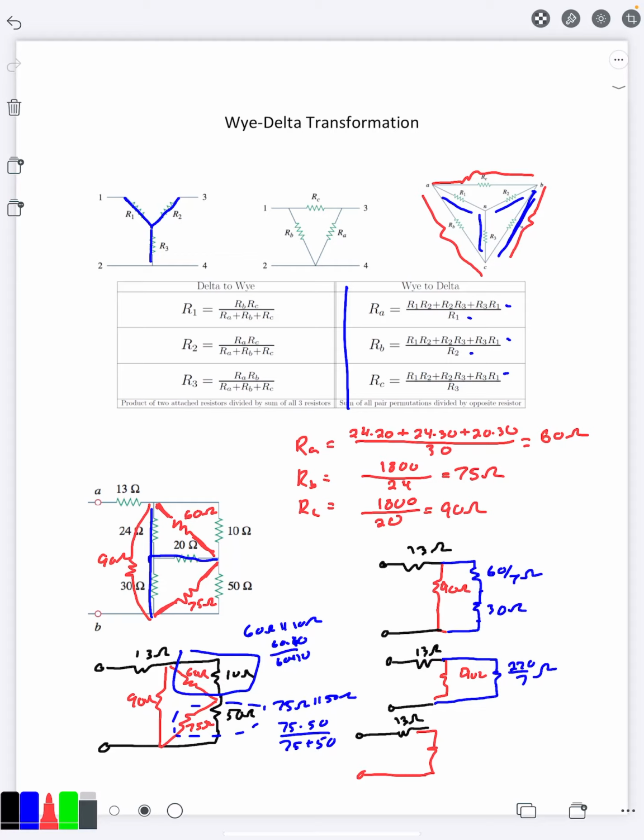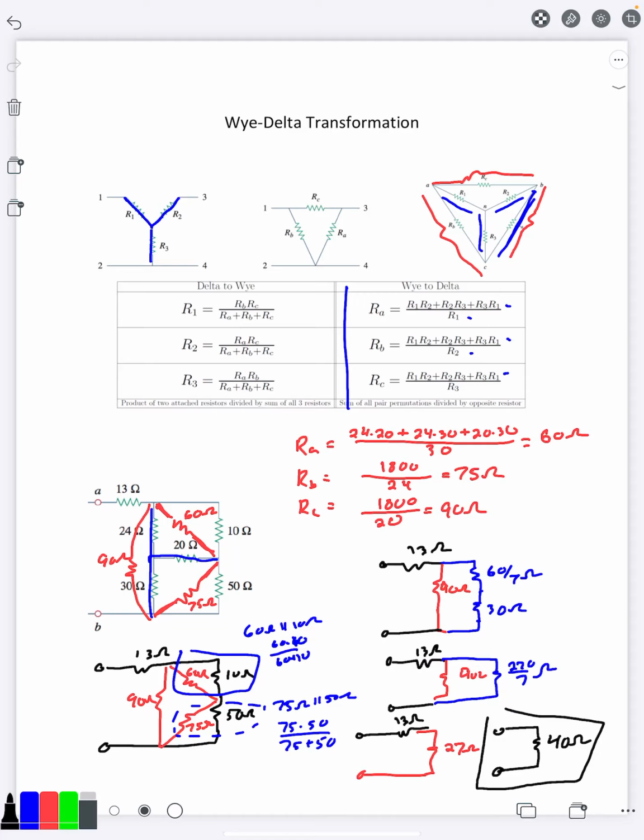And it's going to work out nicely to 27 ohms. See, I left it as a fraction because I had a feeling it was going to work out to be a nice answer. That's definitely not always going to happen, though. Sometimes you're going to just have to deal with decimals, and that's how it is. And lastly, 13 plus 27 together makes 40 ohms. And so that's our equivalent resistance here.